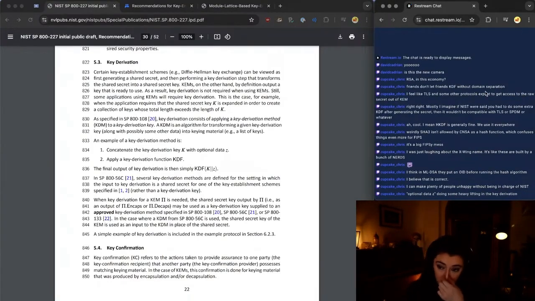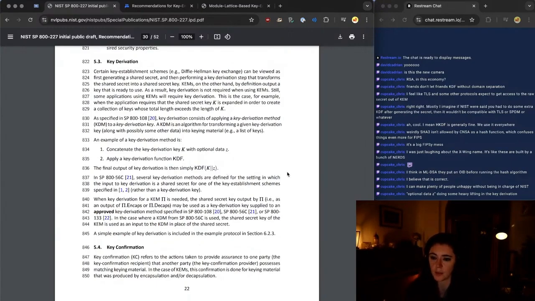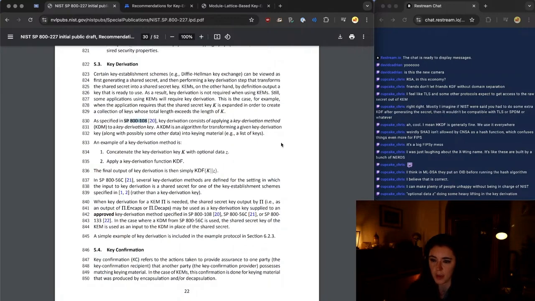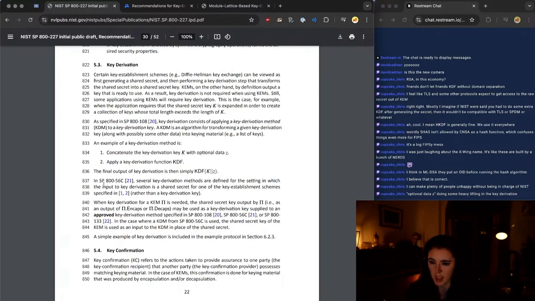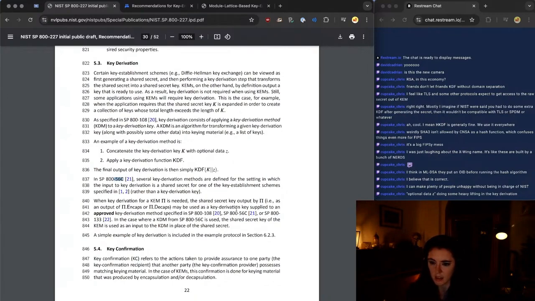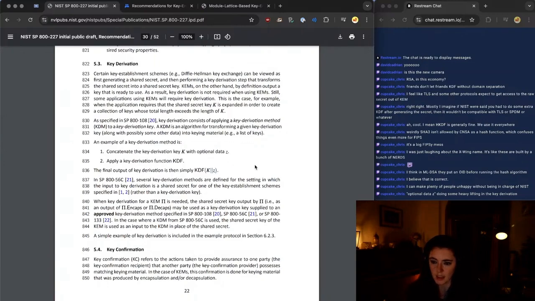Oh yeah. I'm pretty sure this is them citing and reproducing their stuff from SP 800-108 and then maybe 56, maybe 133, I don't remember, where it's K concat Z, and then later we're going to see Z concat T or whatever.